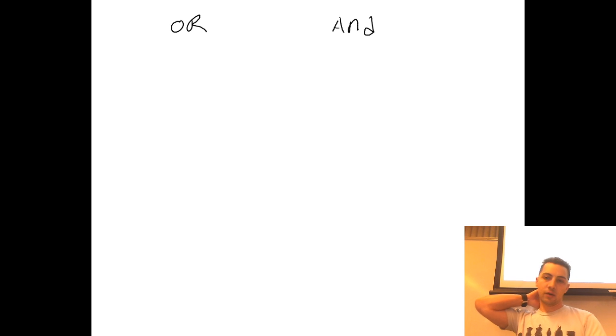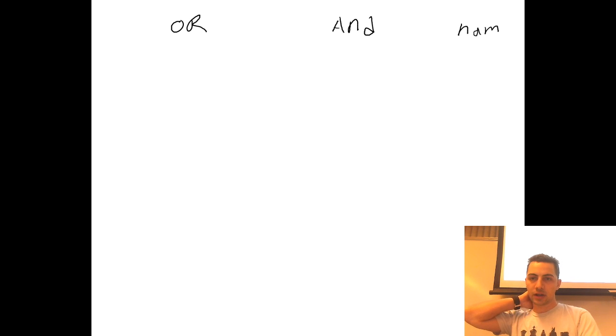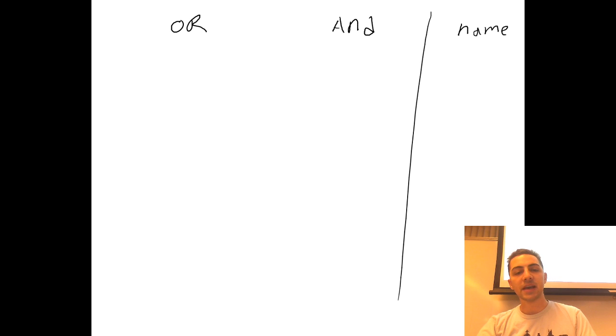And these algebraic rules operate on one or more Boolean variables to simplify things. Typically, we do have an OR version of them and an AND version of them. And they do have a name. All right, so this is going to be a big table.